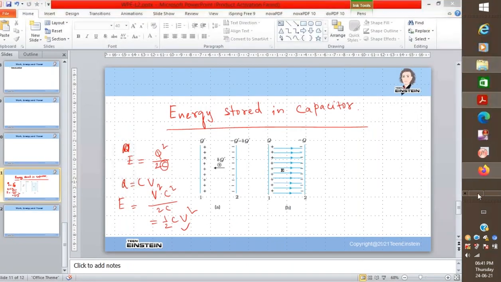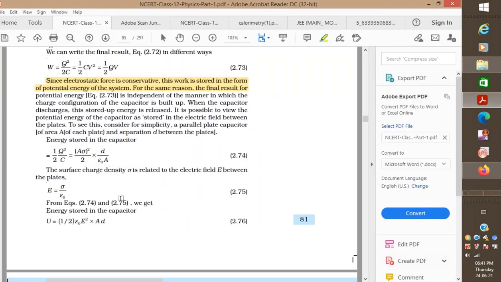Now we can show that this work done is the electrostatic energy. How do we show that? This is the work done, which I have written as energy also, doesn't matter. I can express that in a nice form.